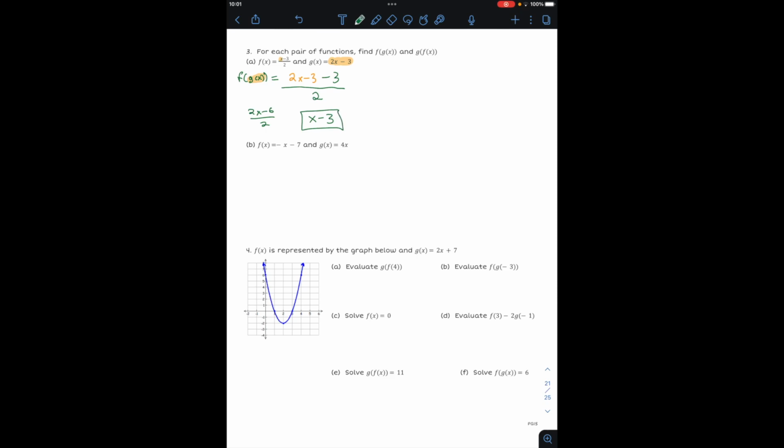Okay, if I want to do g of f of x, let's keep this color coding a little consistent. So we'll do g of f of x. That's going to mean I'm going to put the f function into the g function in place of x. So the g function says take 2 times your input and subtract 3. My input in this case is going to be the f function, x minus 3 over 2, and then subtract 3.